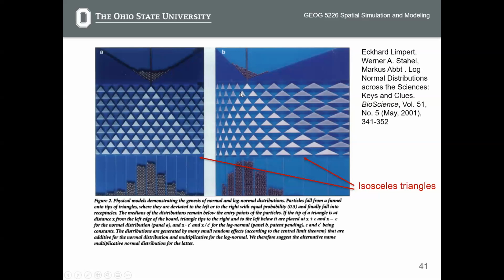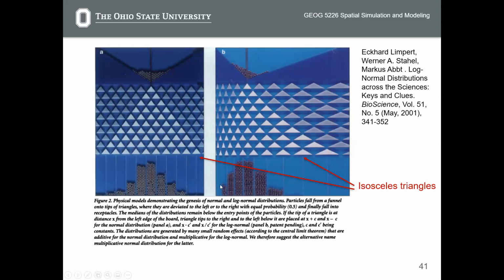So this is a multiplicative process, which means that each step is affected by the last step. Okay, another difference is that these steel balls are not dropped from the center of this board. They are dropped from the left side of the board.